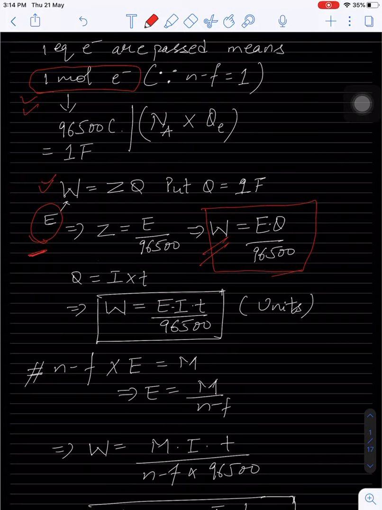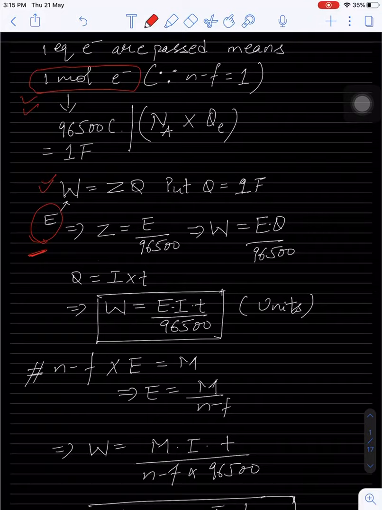That is, the amount of substance liberated on the electrode is equal to the equivalent weight of the substance multiplied by total charge supplied divided by 1 Faraday, 96500. So clearly we understand and learn this formula.